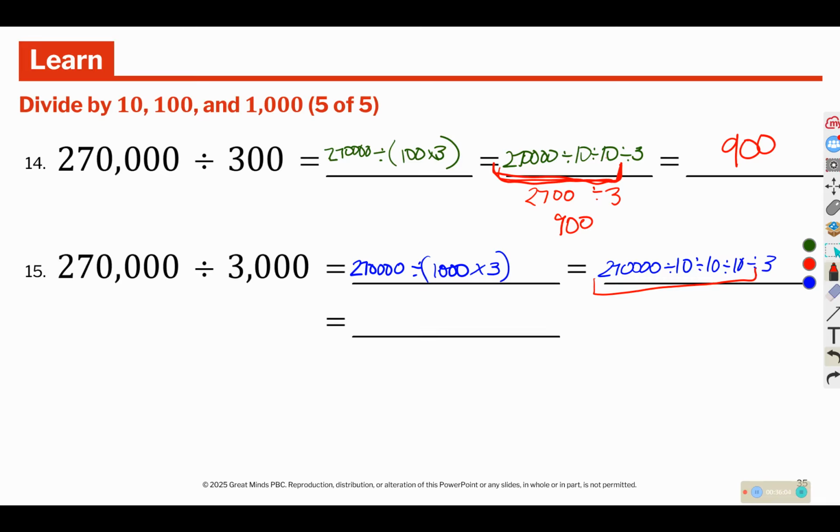In problem 12, we did this, and we ended up with 270. So I need 270 divided by 3. 27 divided by 3 is 9. With that extra 0 means our answer should say 90.